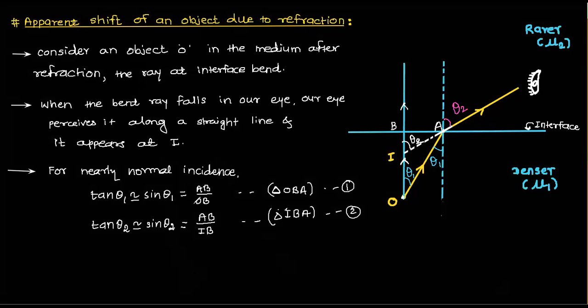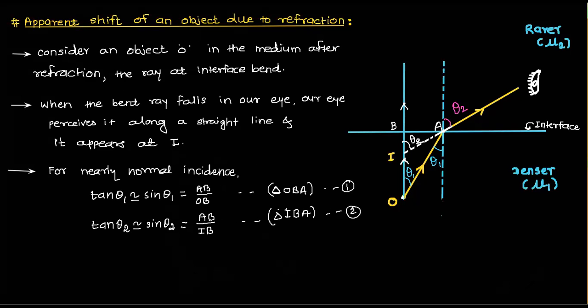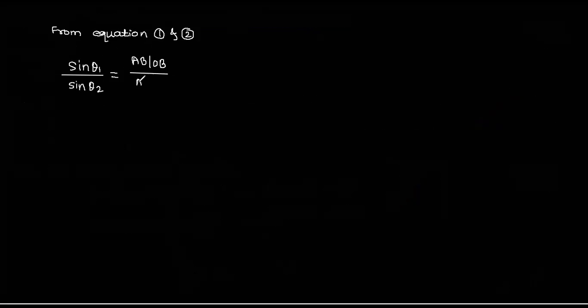Now see here, sine theta is what we are getting, AB by OB. So substitute there, AB by OB divided by, what we got next, AB by IB. So this AB and this AB will get cancelled.